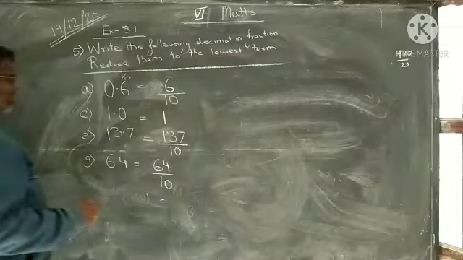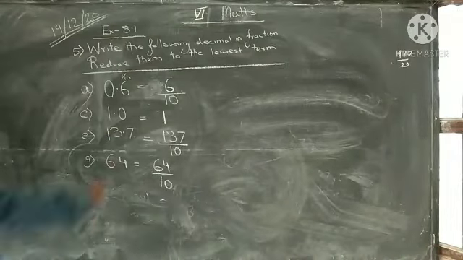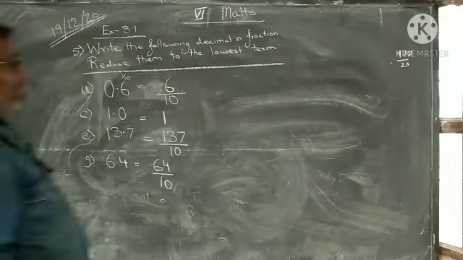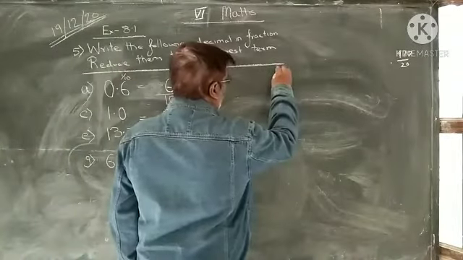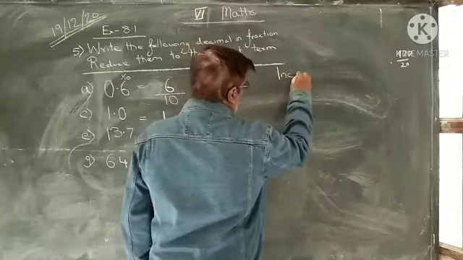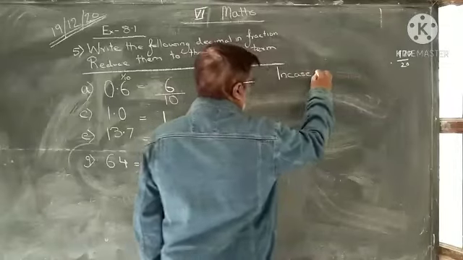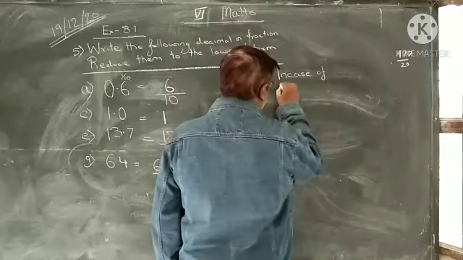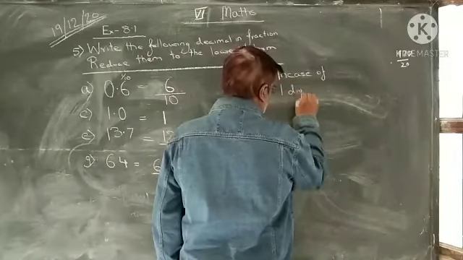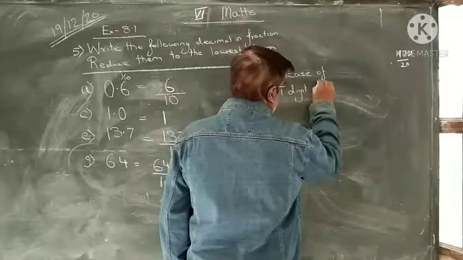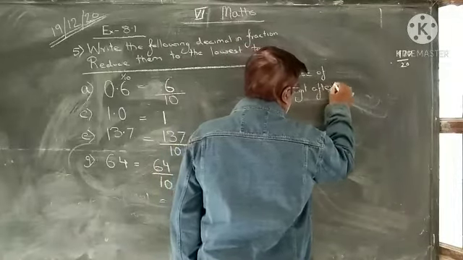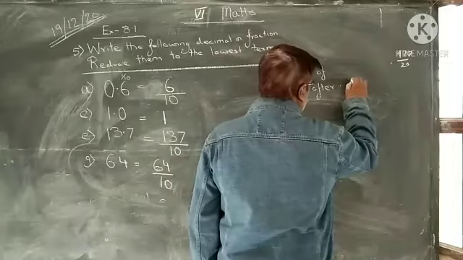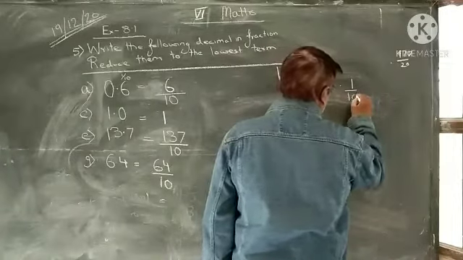Always keep in mind that if there is only one digit after the point, we will always write 1 by 10.